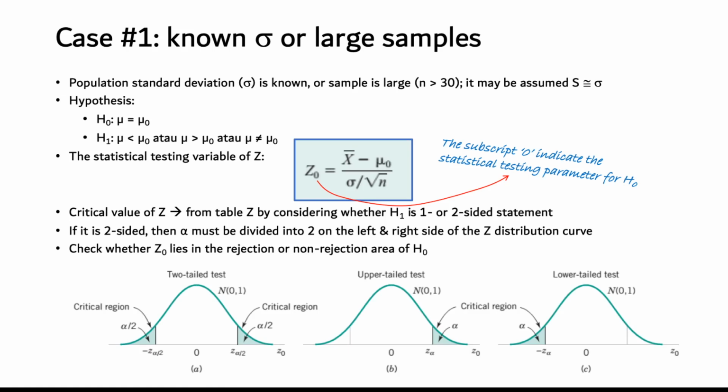Because X-bar has an approximate normal distribution with mean mu0 and standard deviation sigma divided by the square root of n, the test statistic Z0 can be calculated as follows. Please note that the subscript 0 indicates the statistical testing parameters for the null hypothesis.